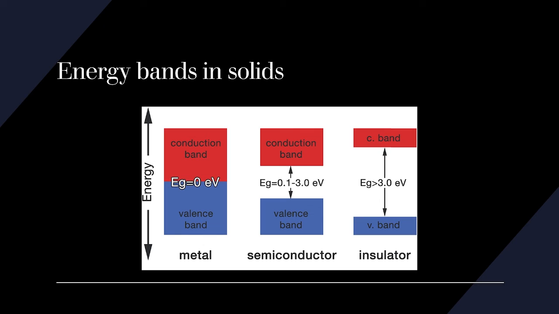So, it is very difficult for the electrons to go from valence band to conduction band. It is almost impossible. But in case of semiconductor, if you give them a little bit of energy, then the electrons can move from valence band to conduction band.